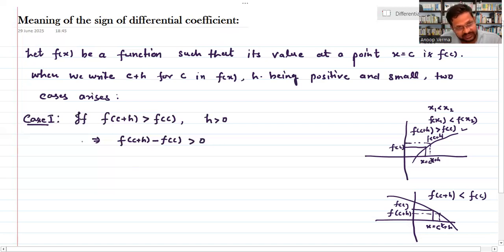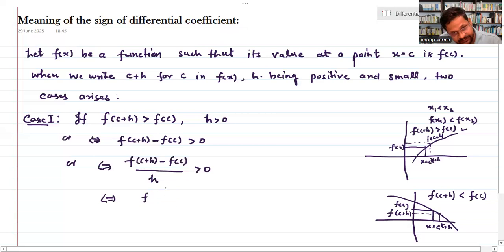If and only if, this implies back. If you divide this by h, it remains positive. What is the meaning of this? This is the derivative at the point c, so this is the value of the derivative at the point c, and it will be positive, as h is positive.